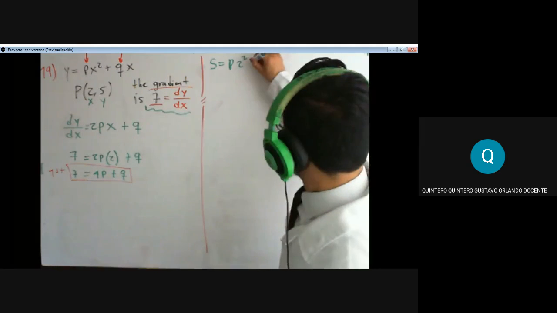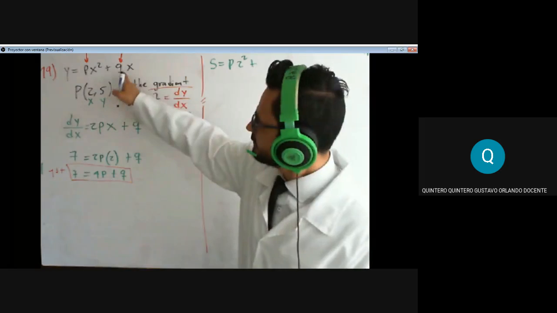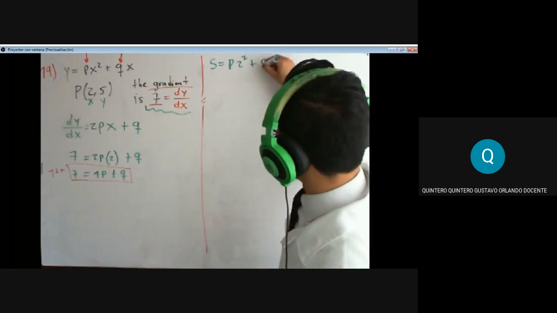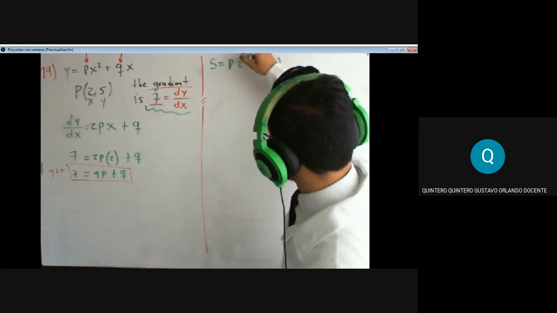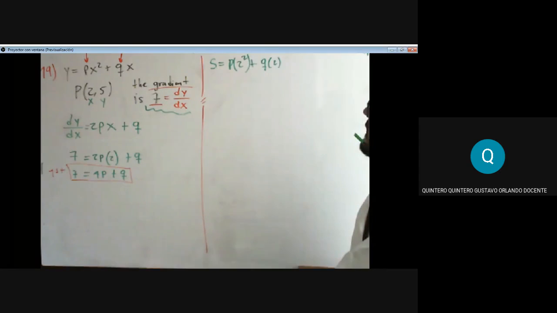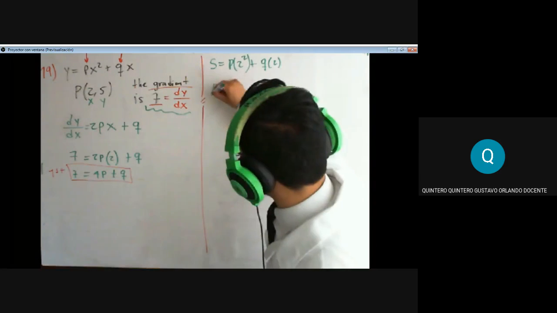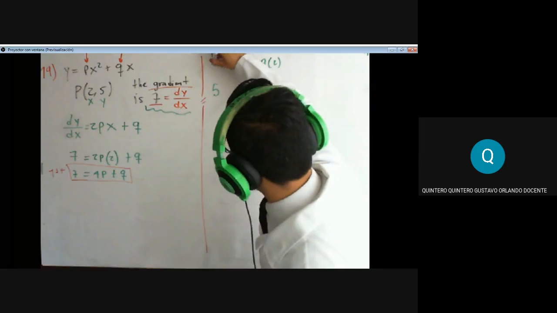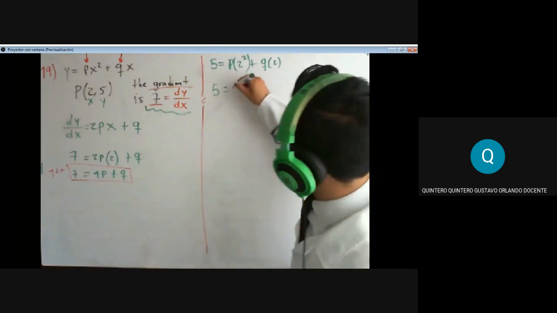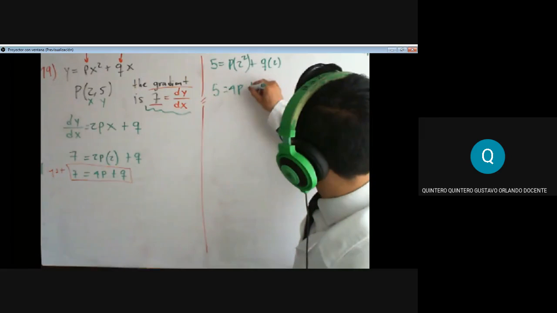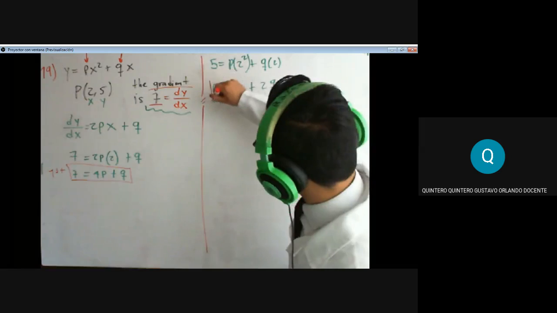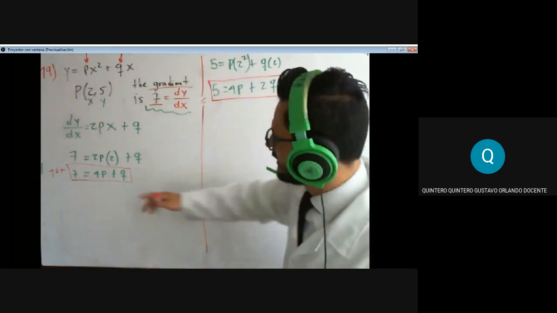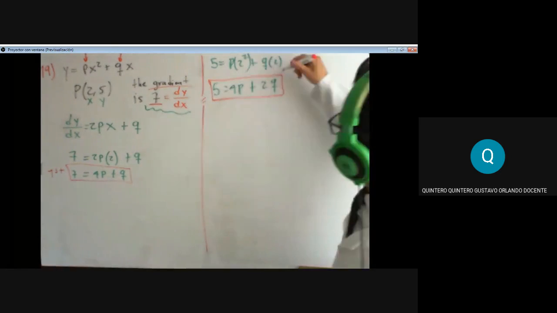And then plus q, which is our variable we want to find, q times x. So again, times 2. All right. This 5 looks like an S, sorry. This 5 will be the result of 2 to the 2, which is 4. So 4p plus 2q. And look at this. We now have a second equation. This is the first one, and this is the second equation.